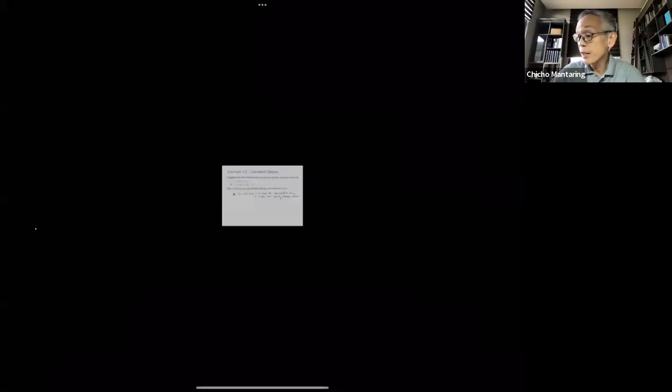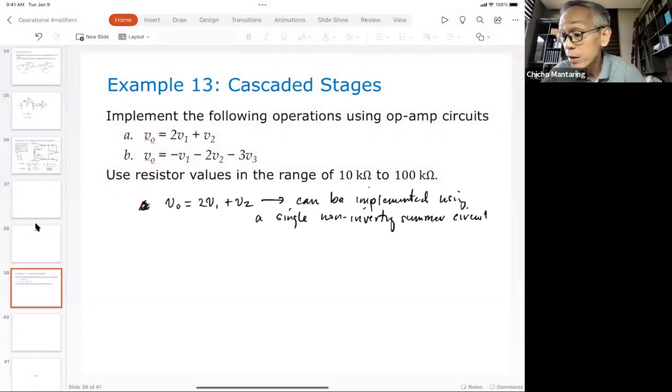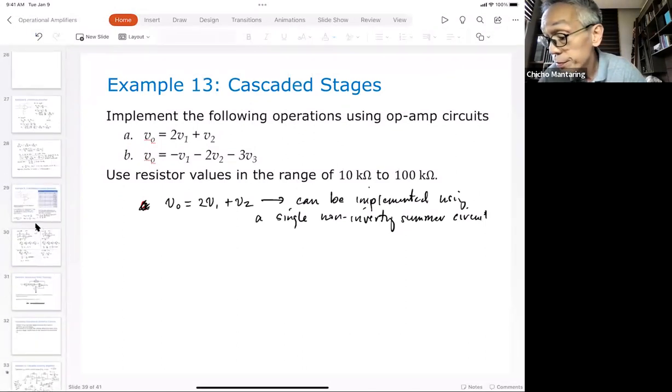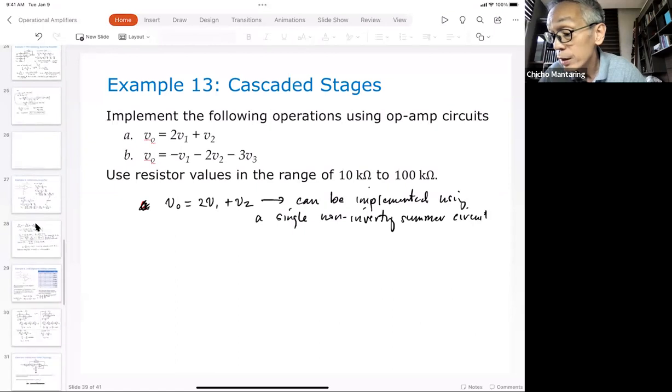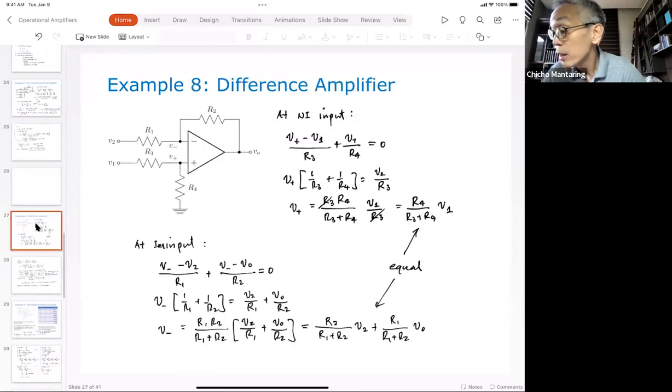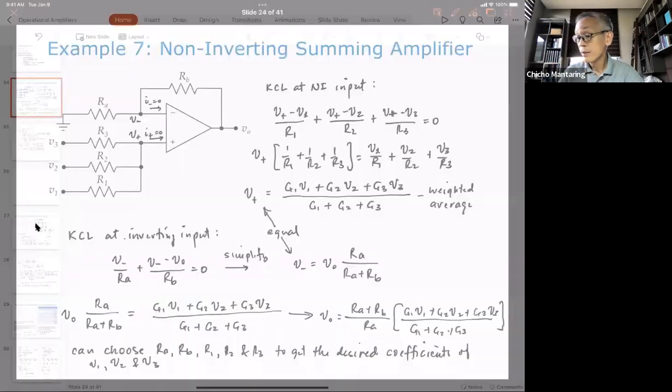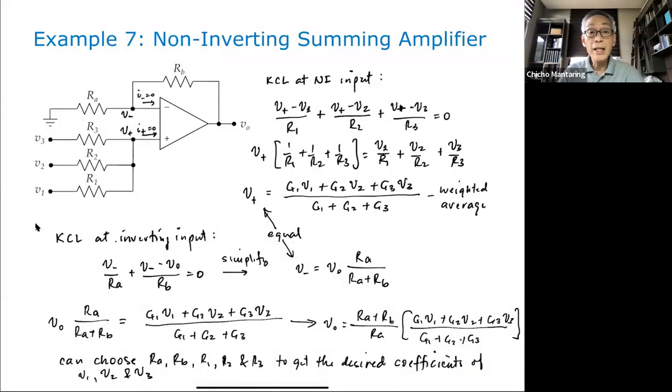So that's the first example we took today. No? Where was that? This one. No? I can implement that letter A using this non-inverting summer amplifier.